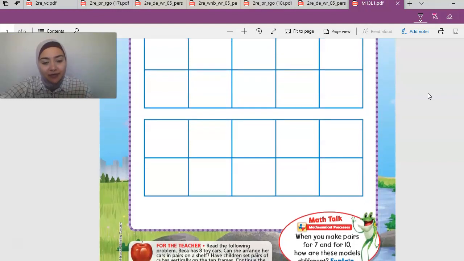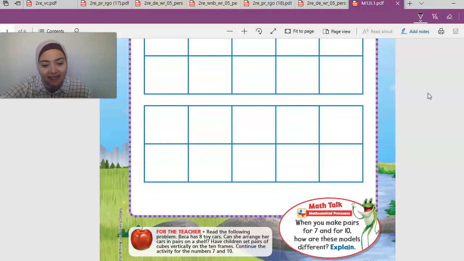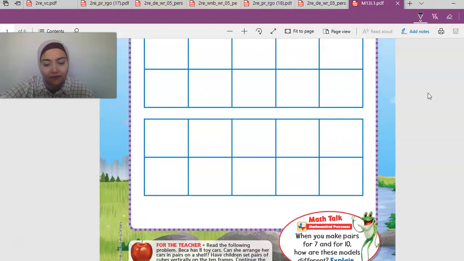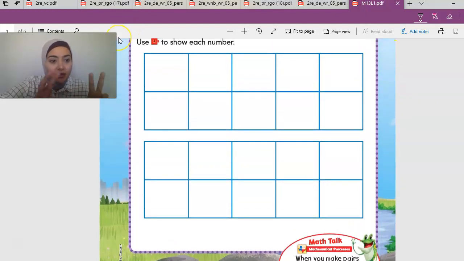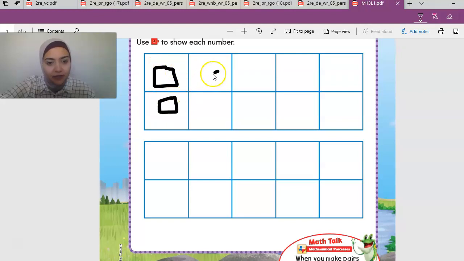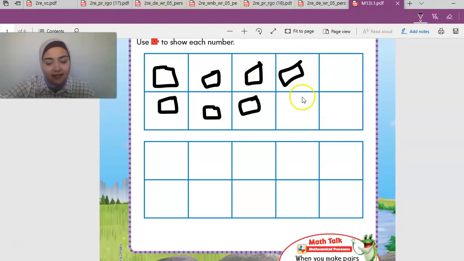So let's read that question one more time. It says, Becca has 8 toy cars. Can she arrange her cars in pairs on a shelf? So we're going to draw those 8 cars or 8 cubes, and we're going to see if we can put those in pairs. So let's draw 8 cubes. 1, 2, 3, 4, 5, 6, 7, 8.